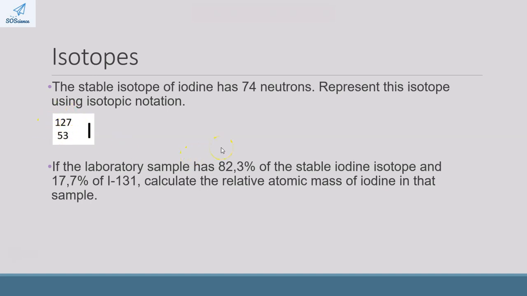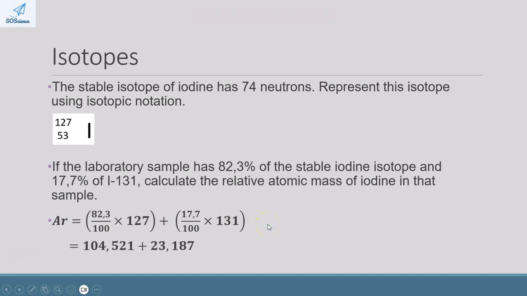So the way we would calculate it is 82.3% of the 127 isotope of iodine plus 17.7% of the 131 isotope of iodine. And when we add up these numbers, we get a relative atomic mass of 127.71. And that is the relative atomic mass of the two samples of iodine that occur at these rates in this particular question.